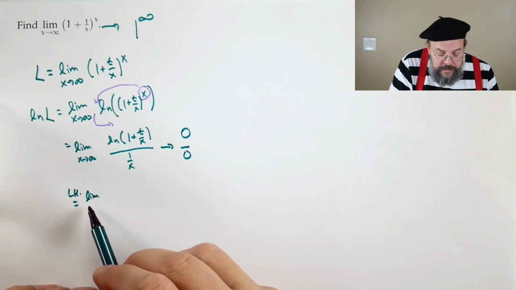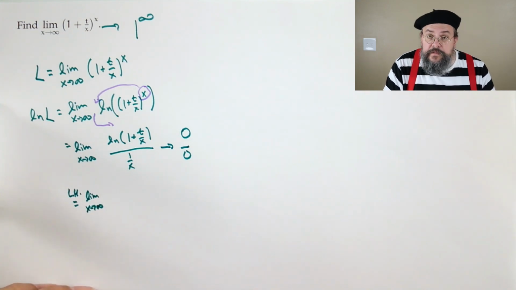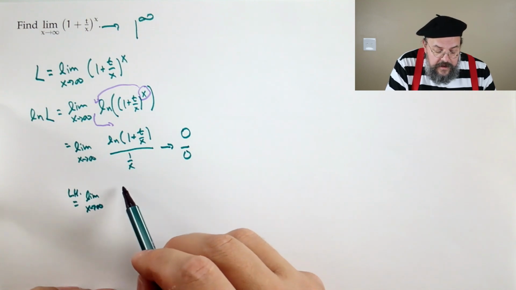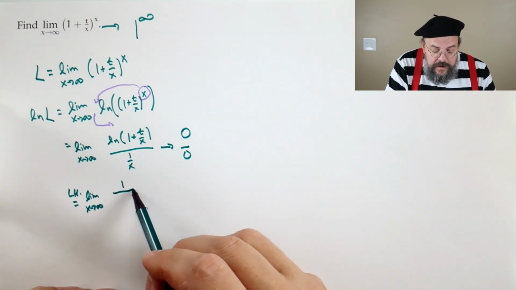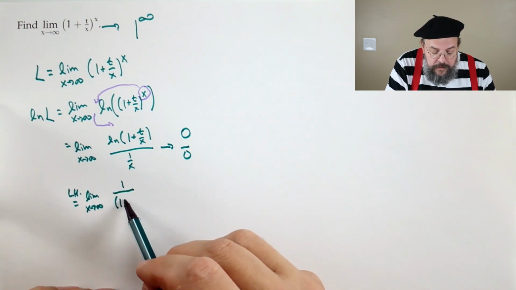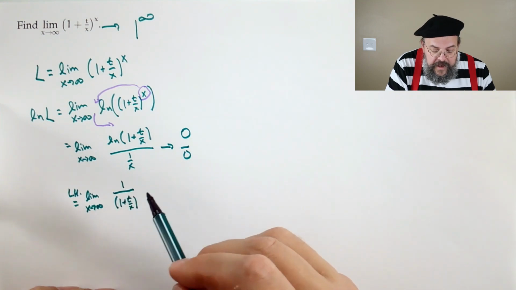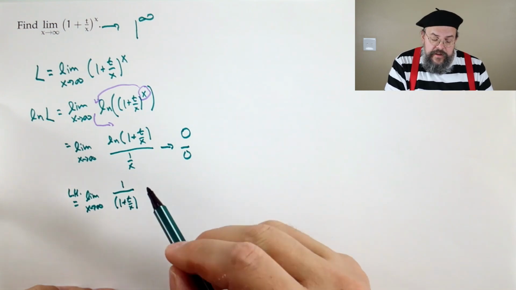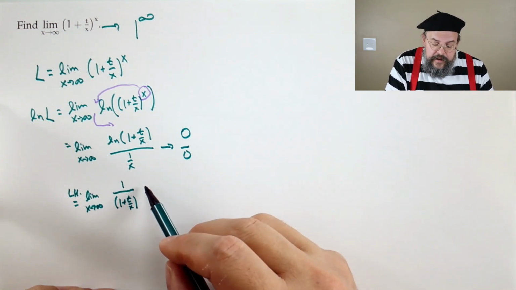So this is our limit. X goes to infinity of what? Well, natural log, how do you take that derivative? 1 over the inside, 1 plus t over x, times the derivative of the inside. Well, what's the derivative of t over x? T is a constant, and we would say, look, it's really like x to negative 1.